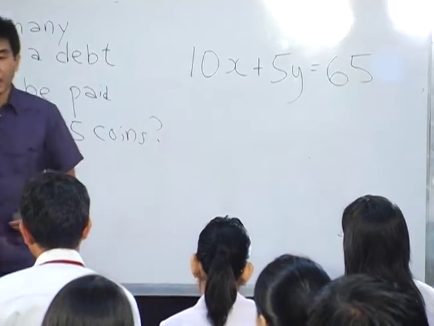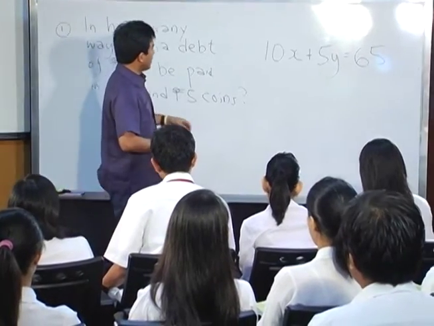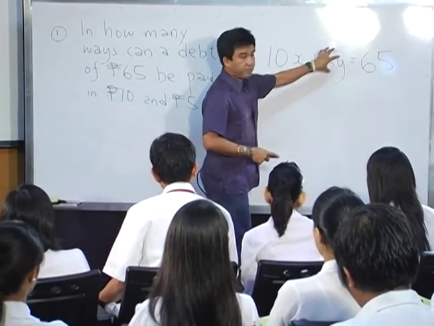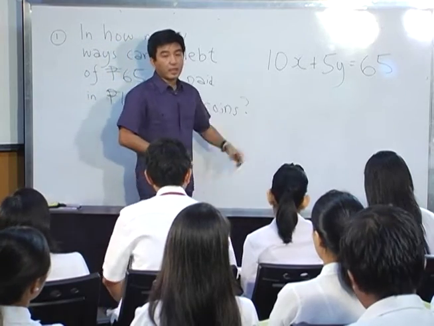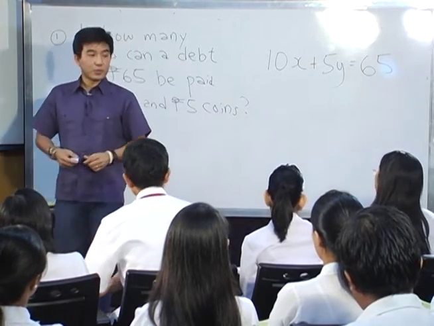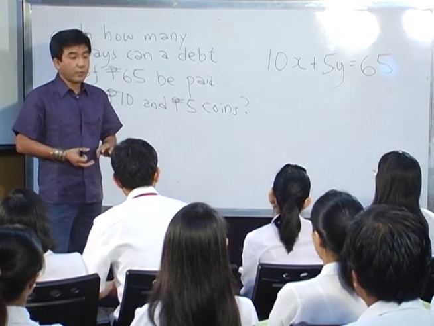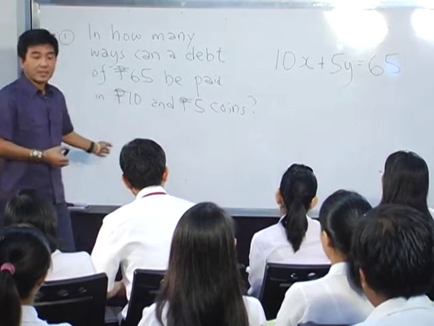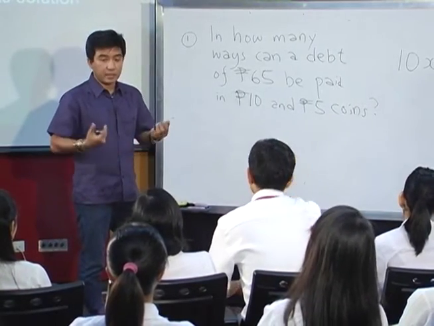This is an example of a Diophantine equation. So we have coefficients of x, coefficients of y, and a constant term. The question here is how many integer solutions there are. Of course, we want our x and y to be integers, because x and y are just the number of coins with which we pay the debt.